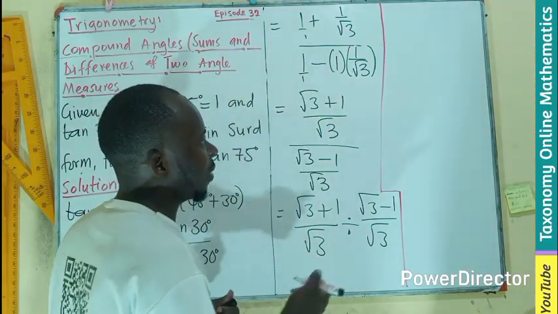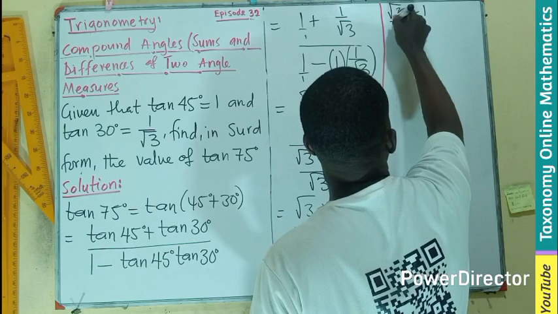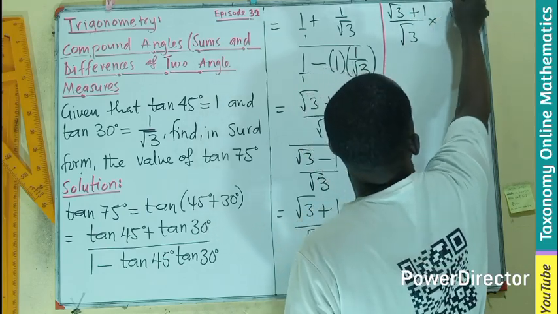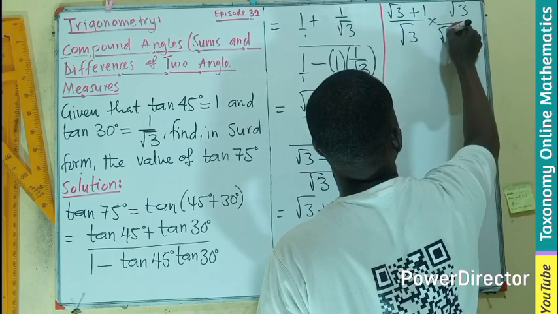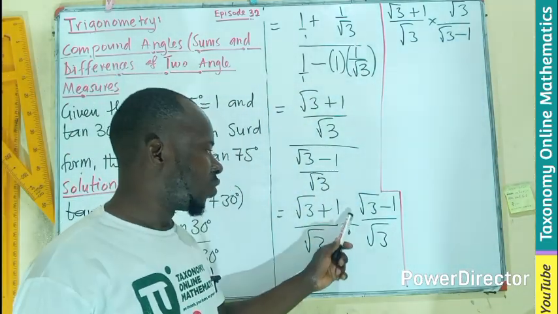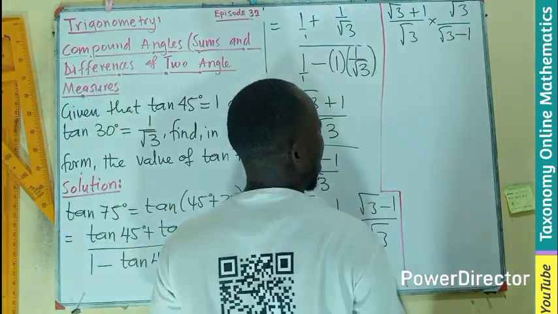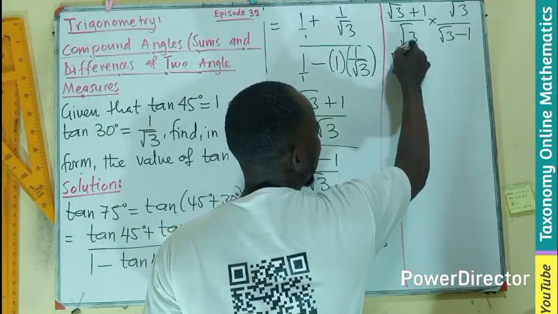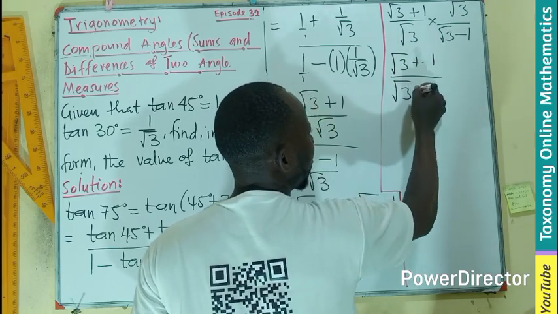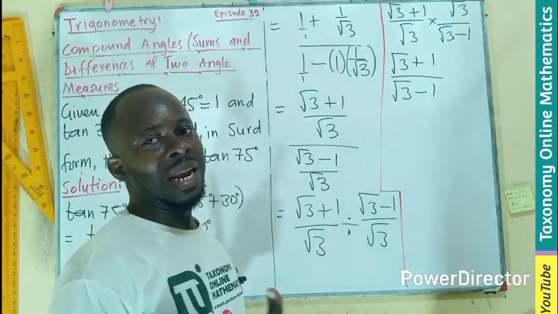So in this case, I should have root 3 plus 1 over the root of 3 times root 3 over the root of 3 minus 1, reciprocating the second fraction whilst we change division to multiplication. You can see the root 3 will cancel, leaving the root of 3 plus 1 over the root of 3 minus 1. But we need to rationalize.